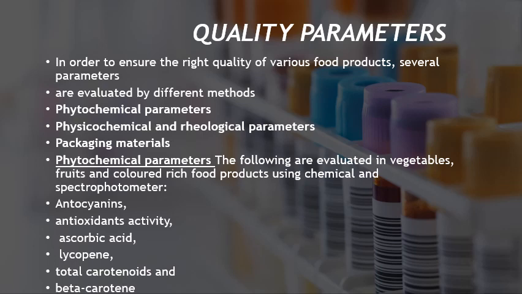And this includes the antioxidant activity, ascorbic acid, lycopene, beta-carotene, and so on. While the physicochemical and the rheological parameters include those chemical components and the textural part of the food substance. The packaging materials include what will be used in packaging these substances.